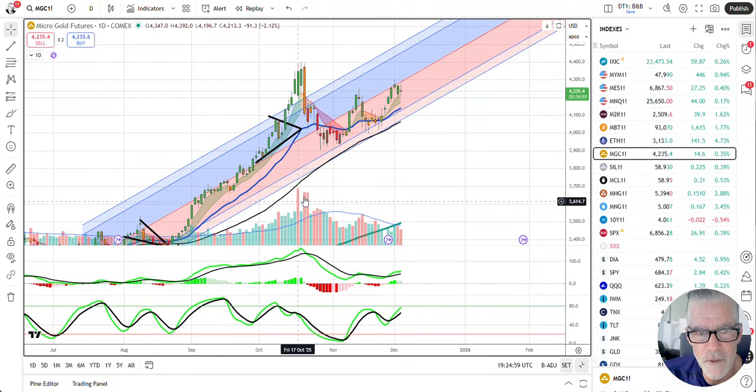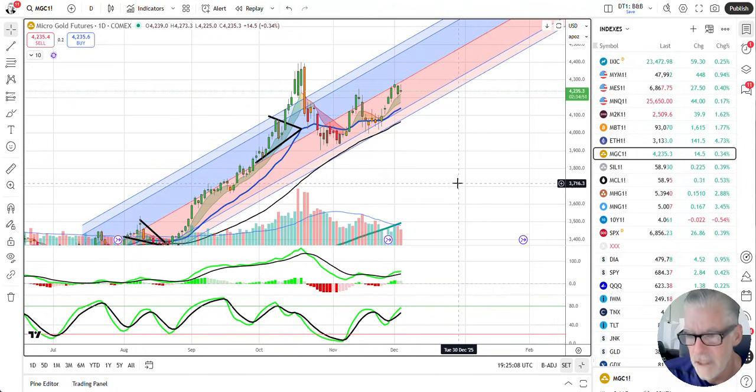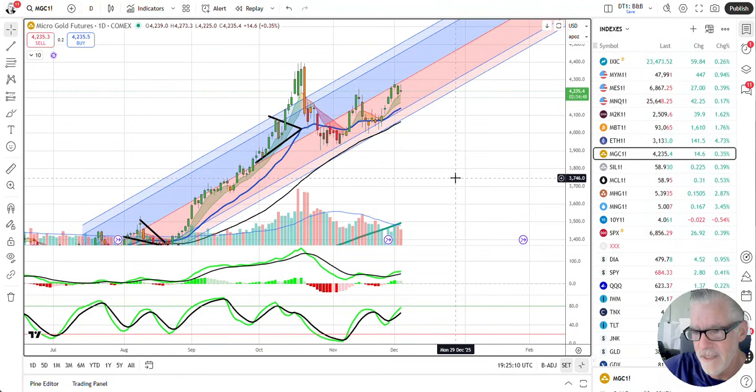This is all distribution here. That's what caused the crash in gold. This is distribution here. That's what caused this little rounded bottom pullback. We're starting to see a little bit of that again. So I do think it has maybe a dip first and then another run up to test 4,400.